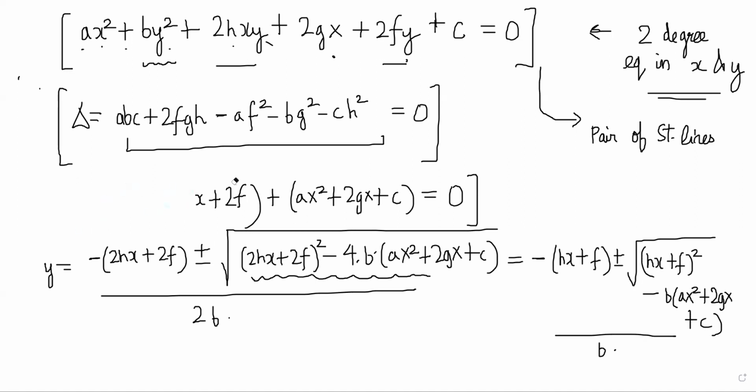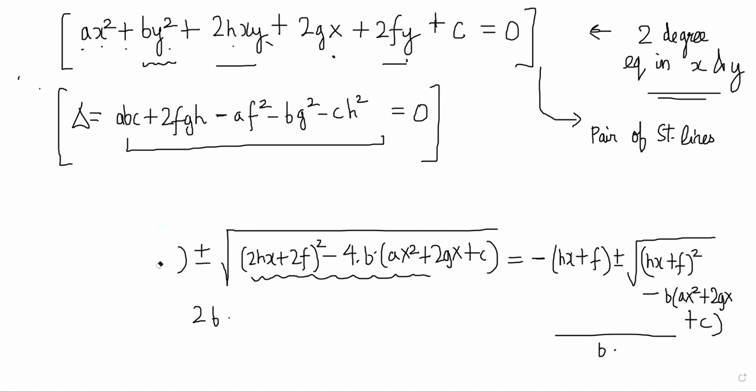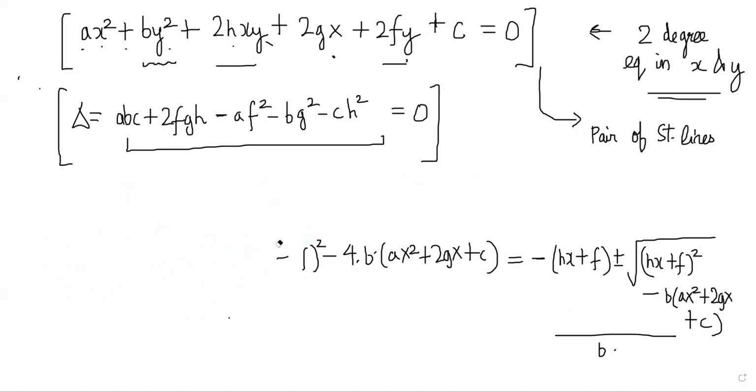Are you understanding what I'm doing? Now the point is that if it is going to be a straight line, something like y is equal to mx plus c, there is already hx plus f outside, but if the root is not removed, it can never be a straight line if there is a root containing x.